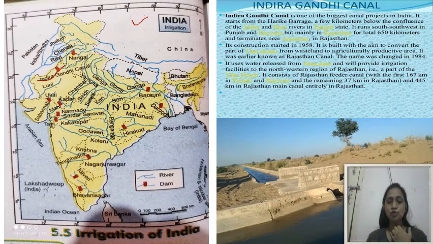Okay, so it starts from Punjab, and then it moves towards Rajasthan. Its construction started in 1958 and then it was completed, and afterward its name was changed in 1984.